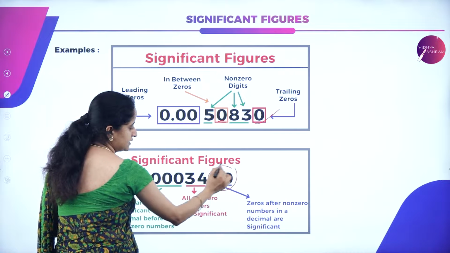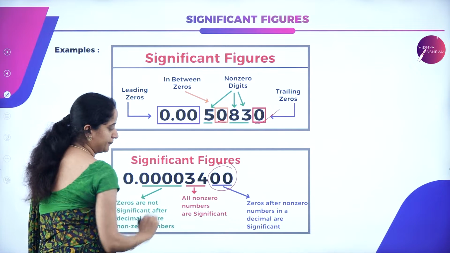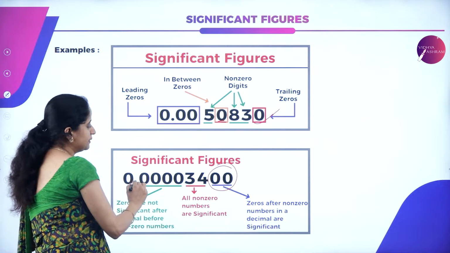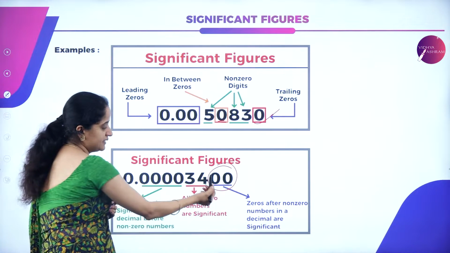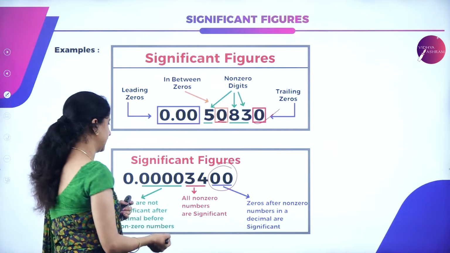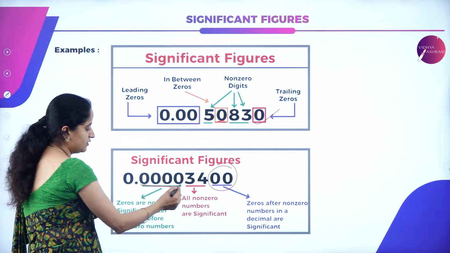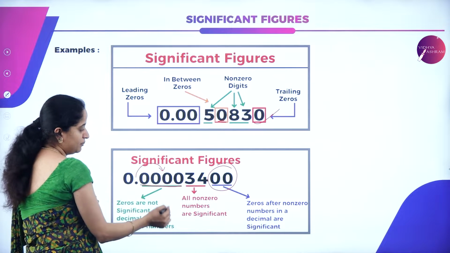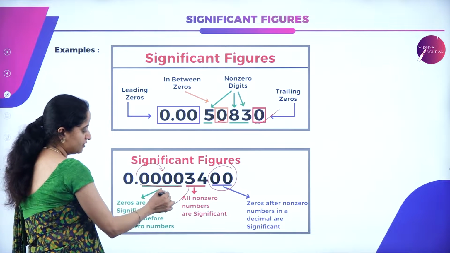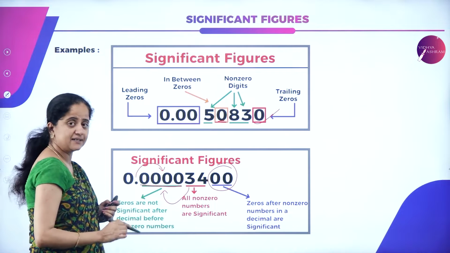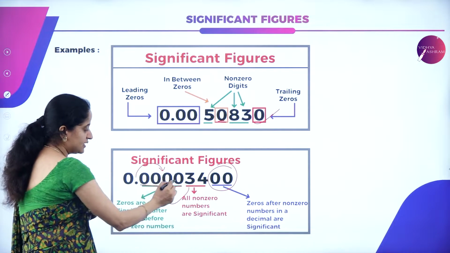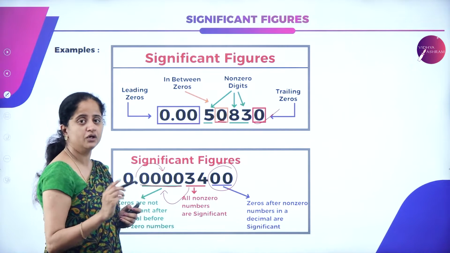Here the zeros after a non-zero number, and there is a decimal point in this example, and these two zeros are significant. And here the 4 zeros, right of the decimal point, left of the first non-zero digit, are considered as insignificant. They are not significant according to rule 2.